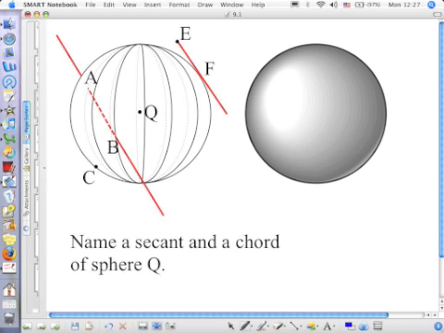Q. Not Q. Well, because Q, the line will eventually have to come through. CE line. Okay. CF, definitely. CB, line CB, definitely. Any two points on the sphere, you draw a line through it, that's a secant. But it isn't on the sphere.